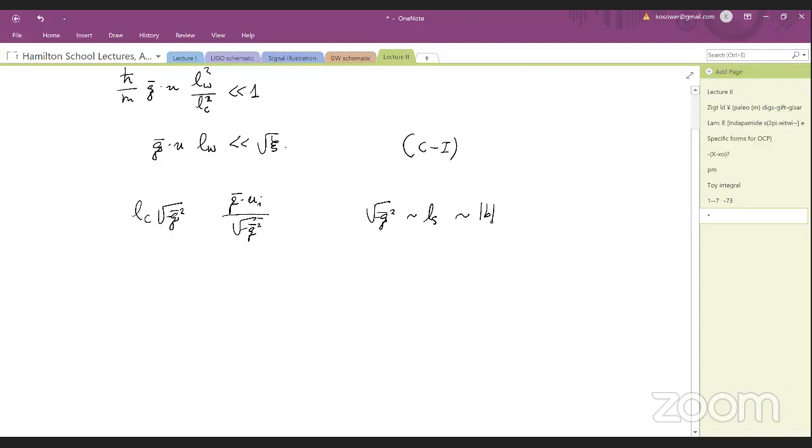So we have additional dimensionless ratios that we're keeping track of that are coming out of the integration: essentially this Compton wavelength divided by this scattering length, and also the dot product with the momenta again times the scattering length.